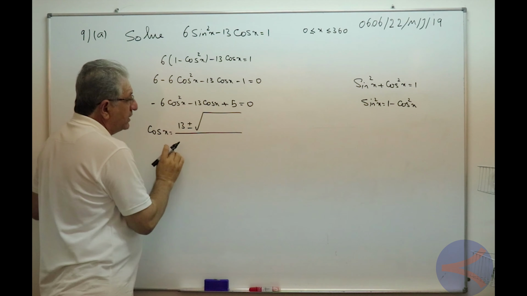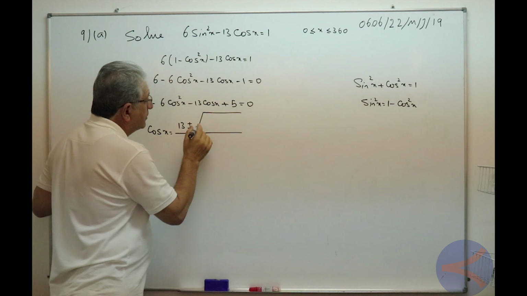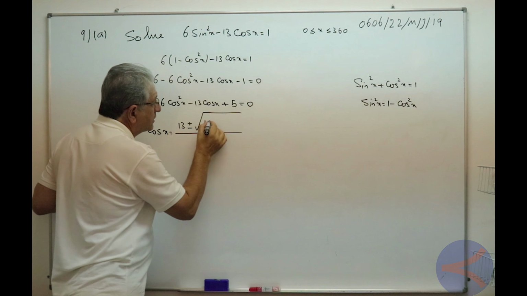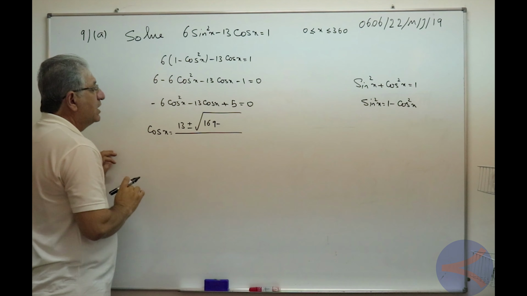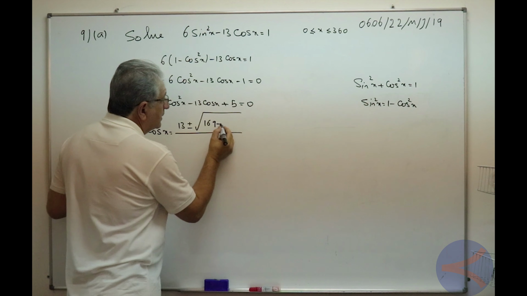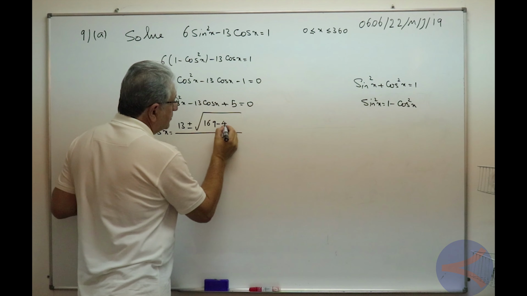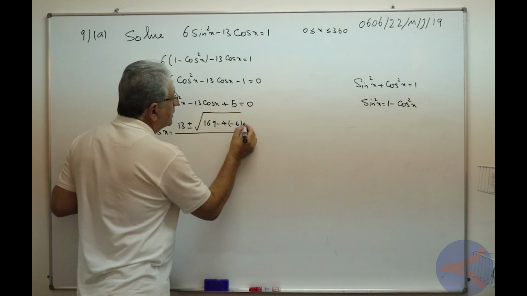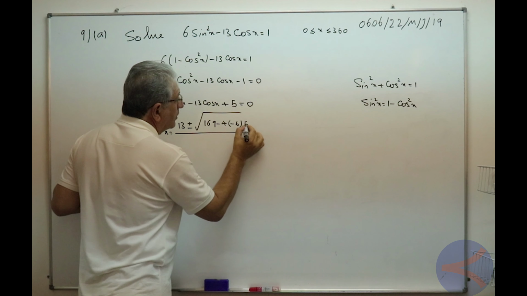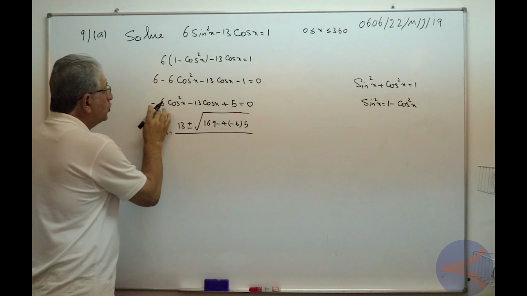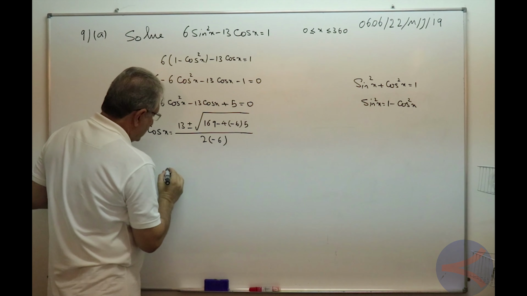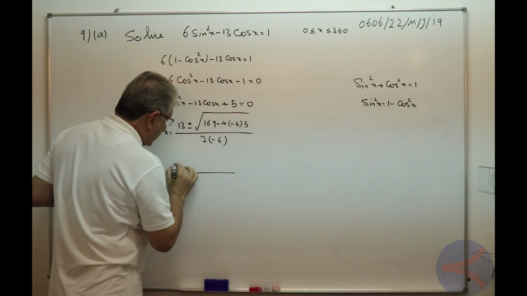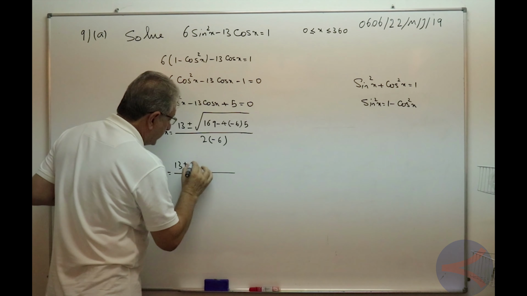Minus b plus or minus the square root of b squared, which is 13 to the power of 2, which is 169, minus 4 times a times c, which is 4 times minus 6 times 5, divided by 2a, which is 2 times minus 6.